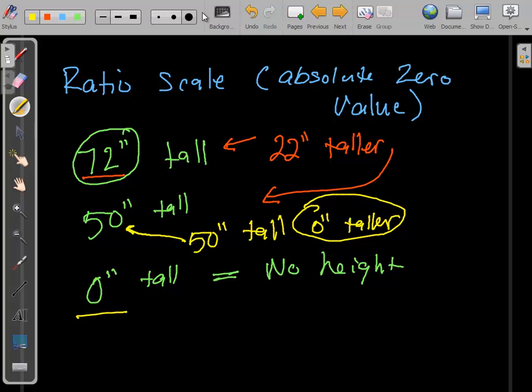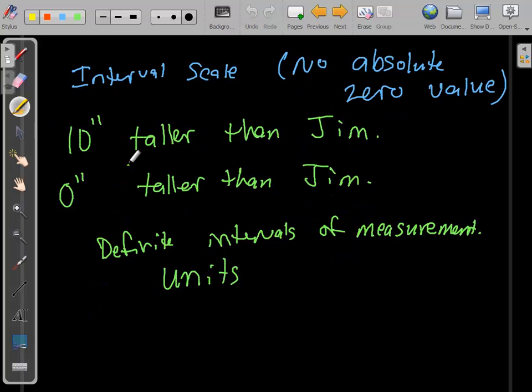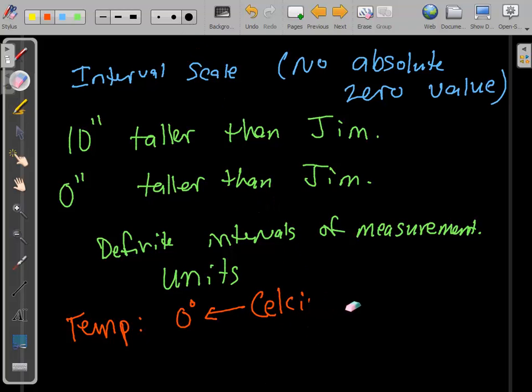On the flip side, if we go back to this idea of the interval scale, I might define something to have a temperature of 0 degrees. I might say 0 degrees, but what does that mean? Okay, so if it's, let's say, 0 degrees Celsius, this corresponds to freezing, but it doesn't mean that it has a lack of temperature.